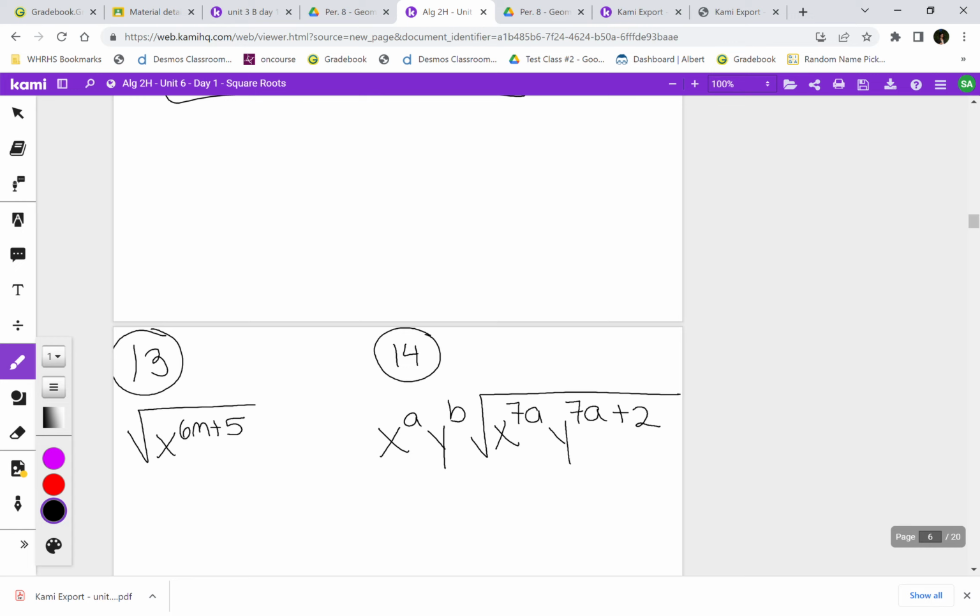In the radical, is it supposed to be y 7b plus 2? No, it's 7a.